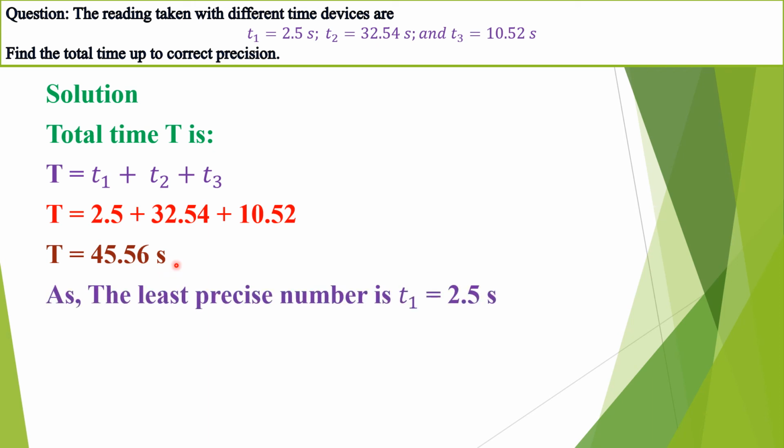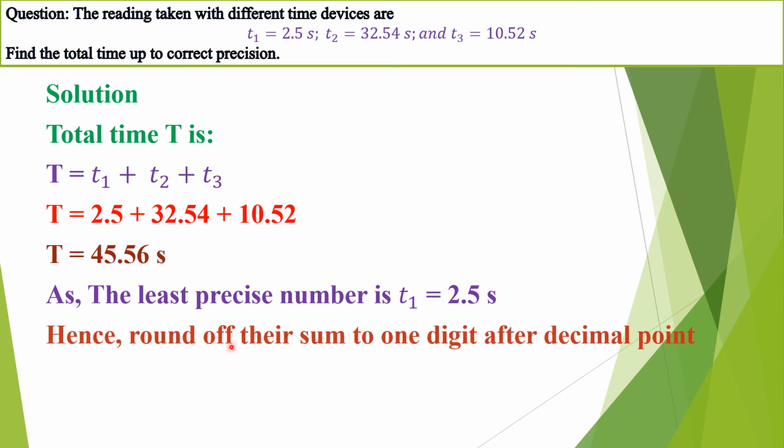As the least precise number is T1 equals 2.5 seconds, hence, round off the sum to one digit after the decimal point. We get T equals 45.6 seconds. We discussed this rule in a previous slide: if we add numbers, the answer is rounded to the same number of decimal places as the measurement with the least number of decimal places.